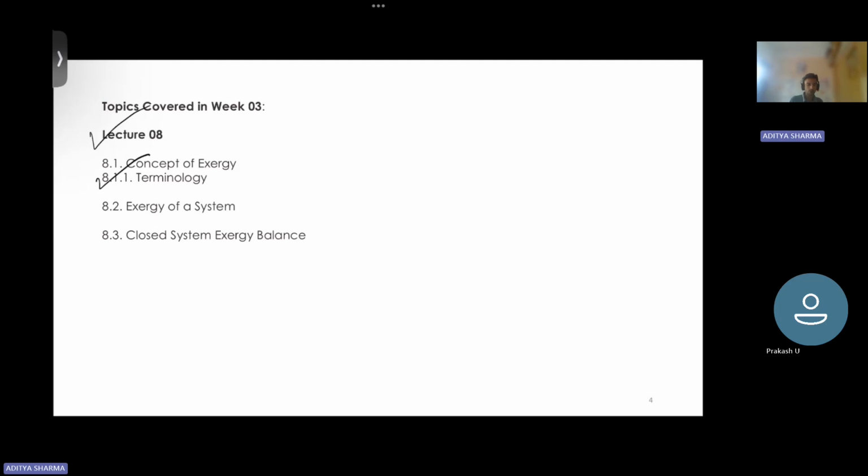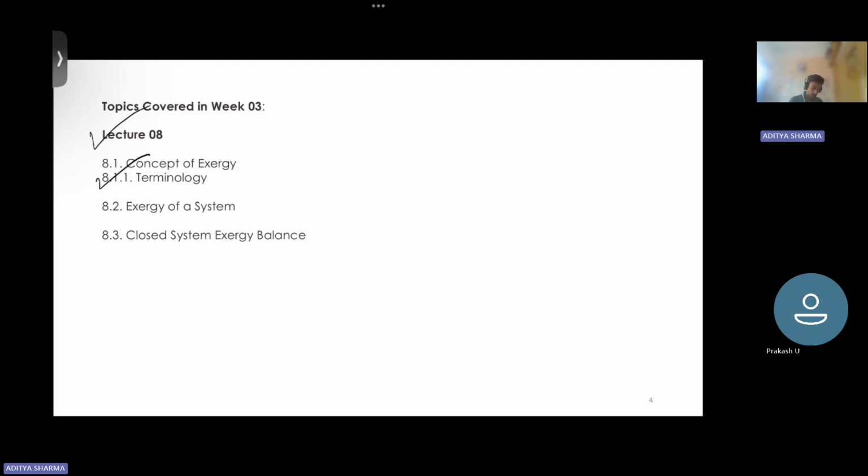Then we moved on to the exergy of a system. As I've told, exergy is basically the maximum theoretical work that we can attain from a system.